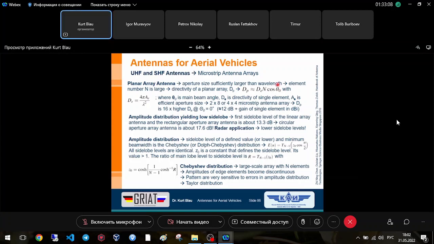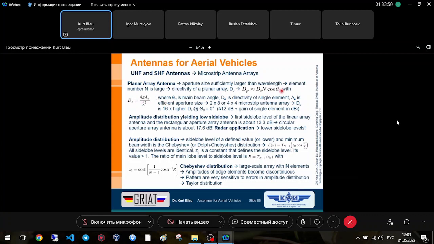If you look perpendicular, it's clear the cosine is 1 at 0 degrees from the normal direction, and if we go in the plane, meaning 90 degrees, then we have 0. This is roughly the directivity of the single element. You can see here 4 pi, the area of the element, divided by the square of the wavelength.